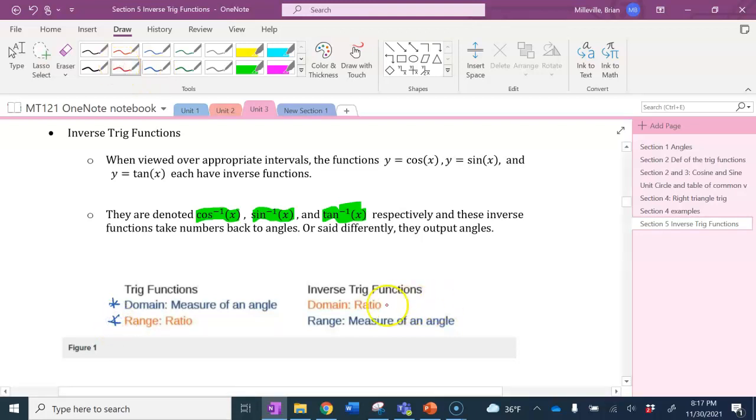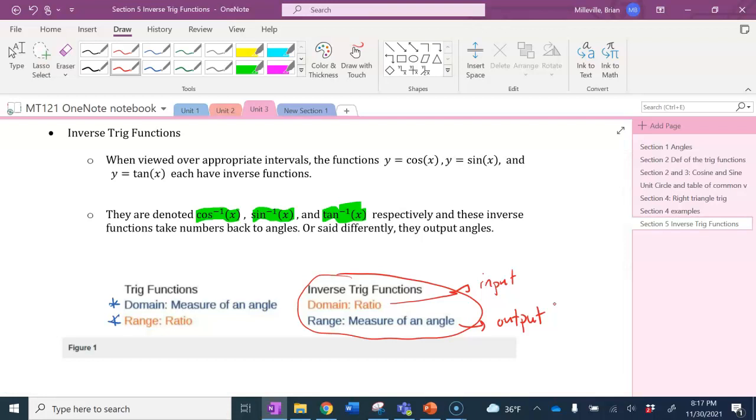The inverse functions are therefore going to do the opposite. They're going to take in numbers. That's the input for the inverse trig functions. They're going to output or return angles, either in degrees or in radians, depending on how we interpret that.